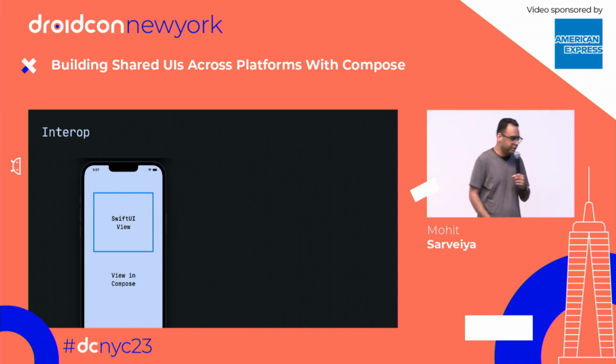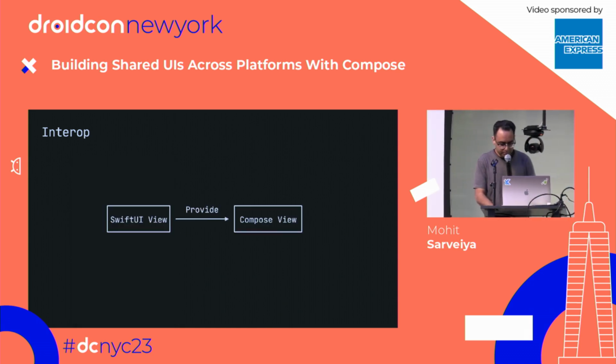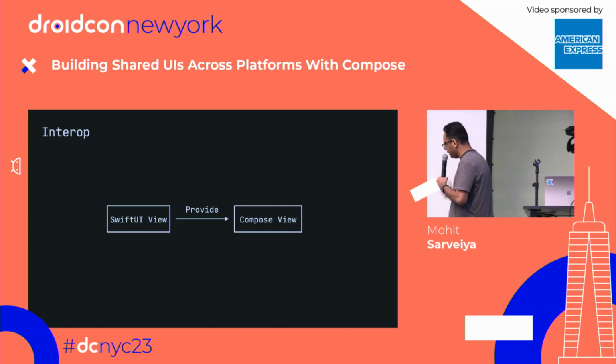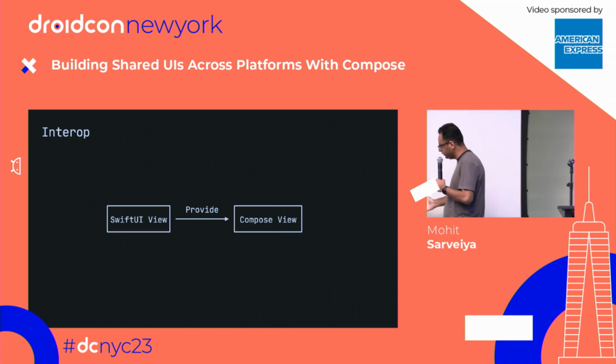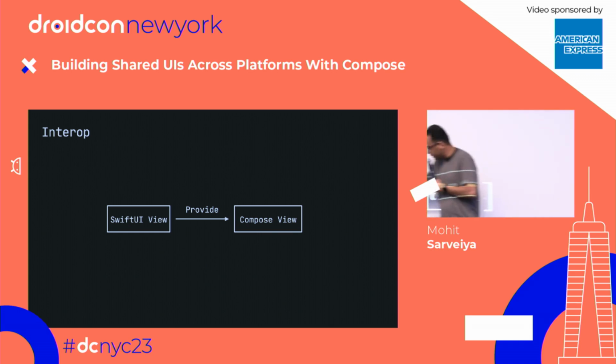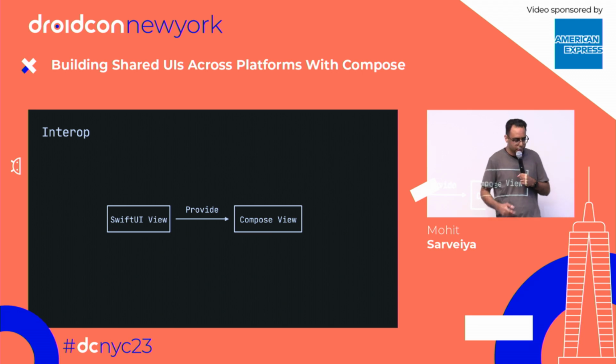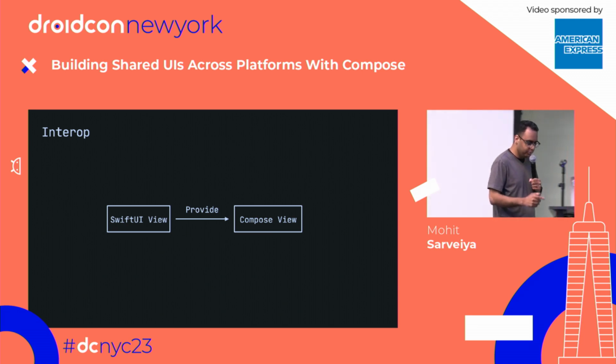How do I get that to work? There's a way where you set up your Compose view, you set up the UI view controller, and there's a factory that they provide in which you could inject whatever SwiftUI view you want to show.